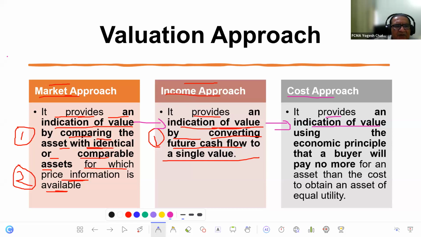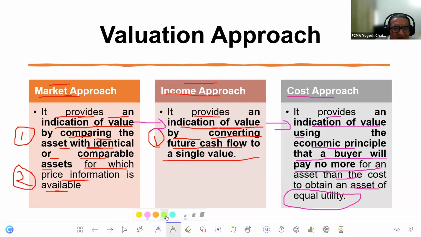So the estimate we derive will have no standing in the market if the forces of supply and demand are not considered. It is an indication of value using the economic principle that a buyer will pay no more for an asset than the cost to obtain an asset of equal utility. So here the keyword is equal utility.